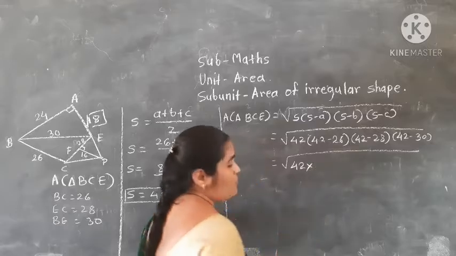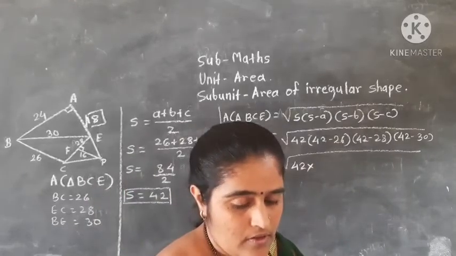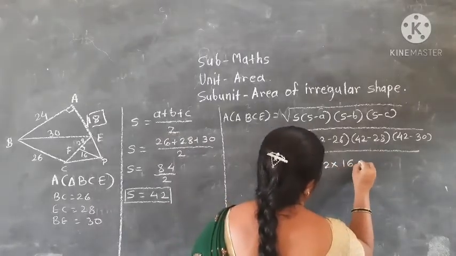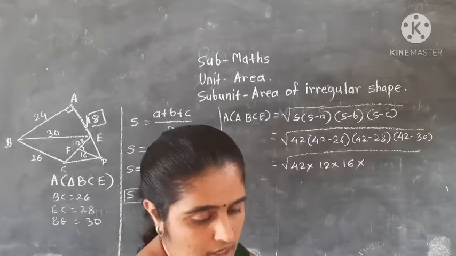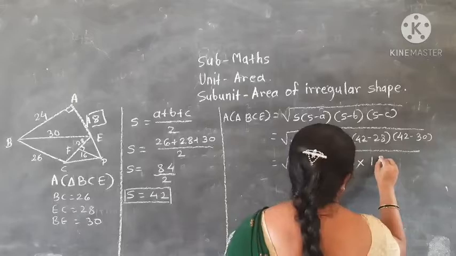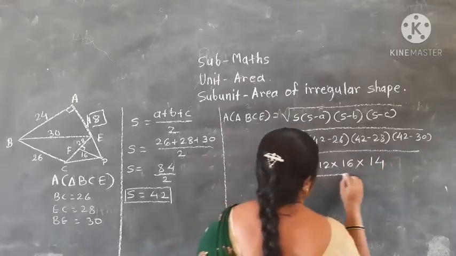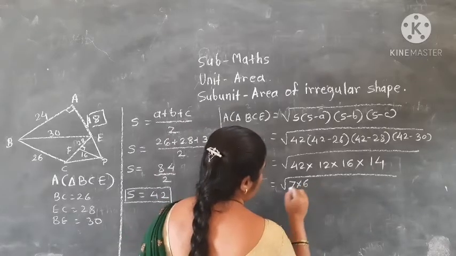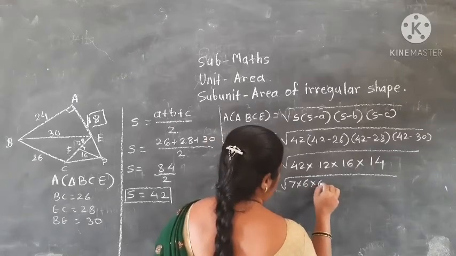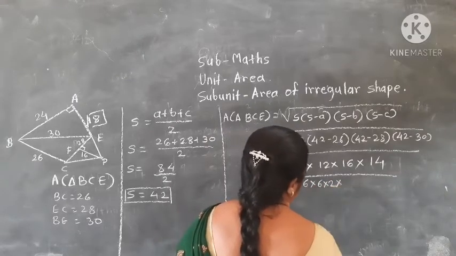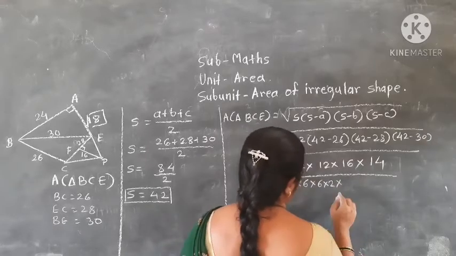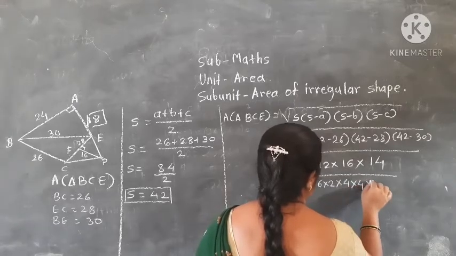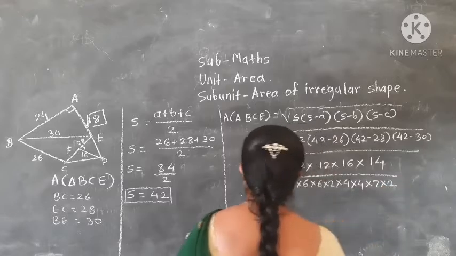42 into (42 minus 26 is 16), (42 minus 28 is 14) and (42 minus 30 is 12). Okay, simplify this. 7 6s are 42. 6 2s are 12. Then 4 4s are 16 and 7 2s are 14.